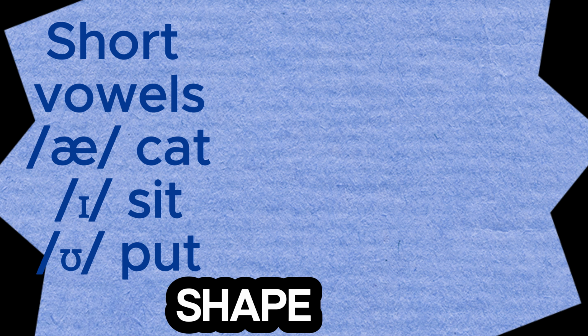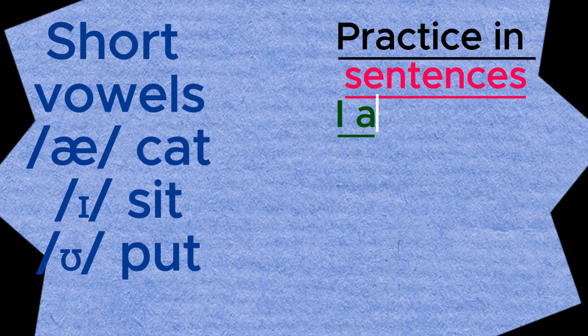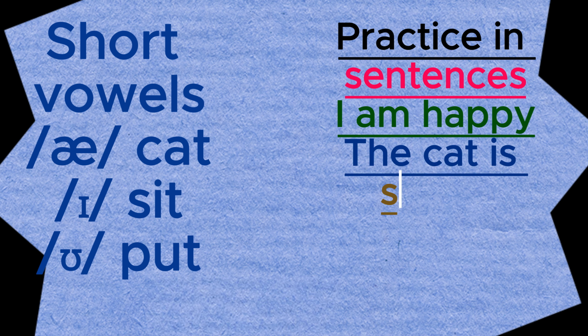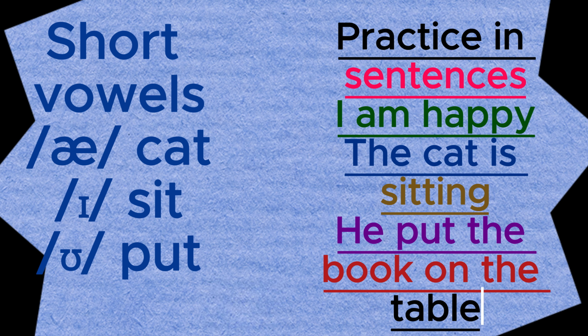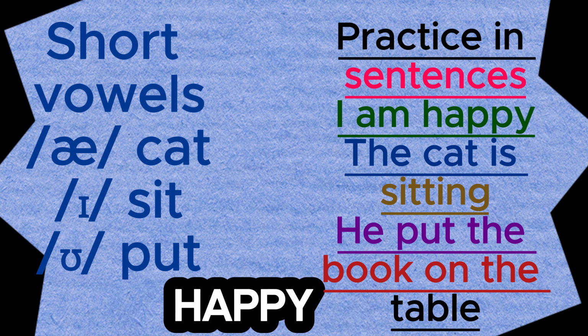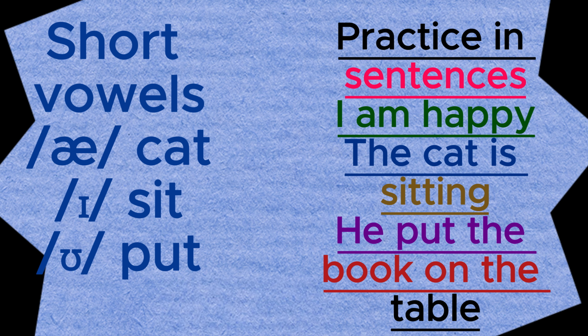Notice how the mouth shape changes. Repeat slowly. Cat. Sit. Put. Now in sentences. I am happy. The cat is sitting. He put the book on the table.